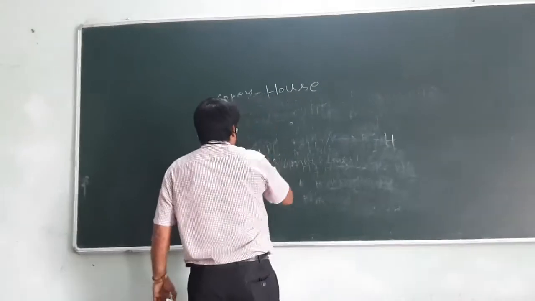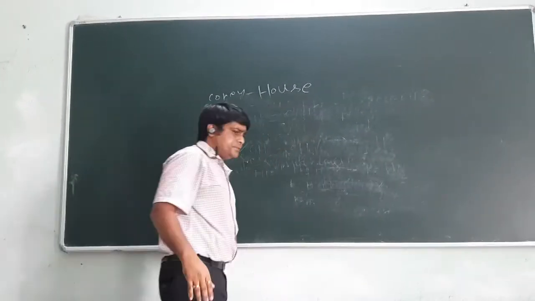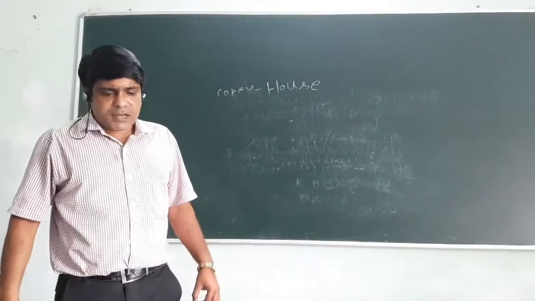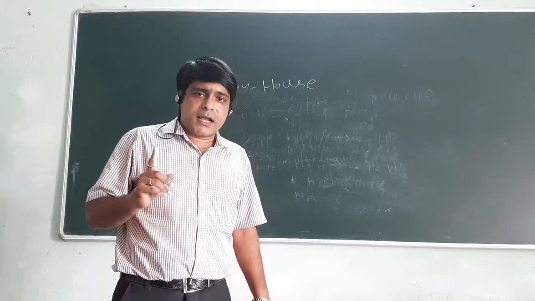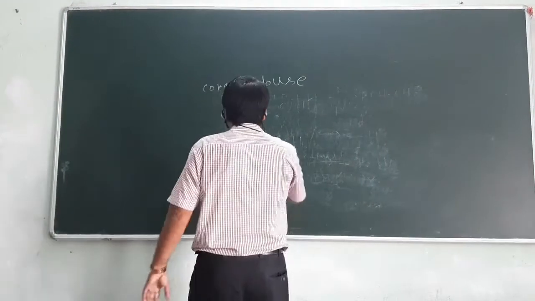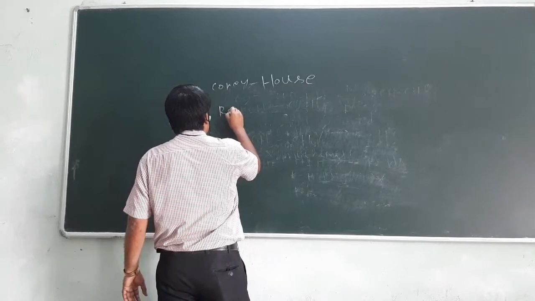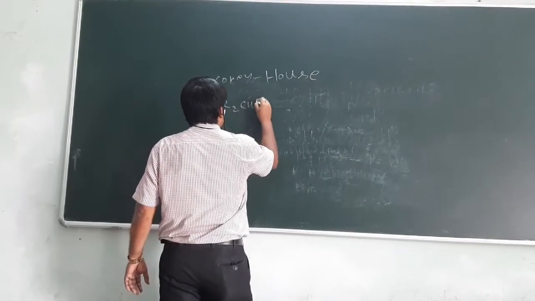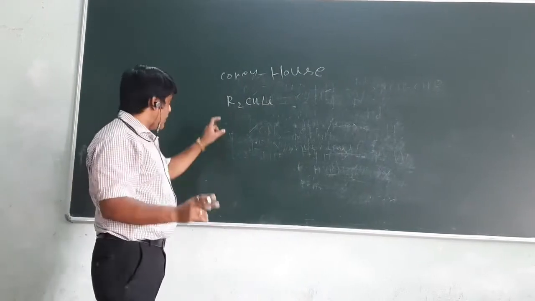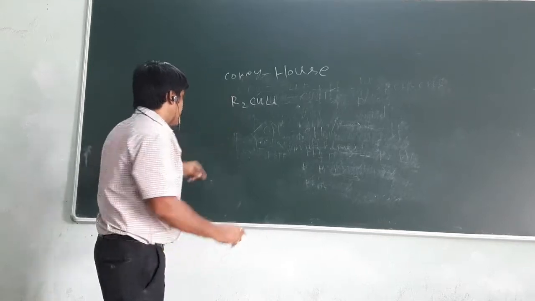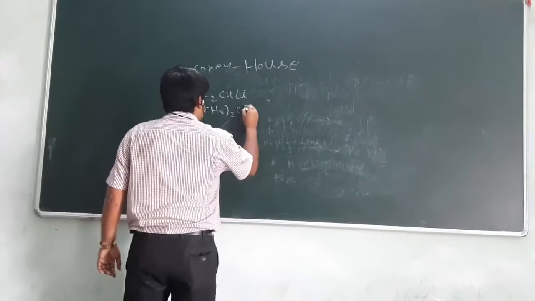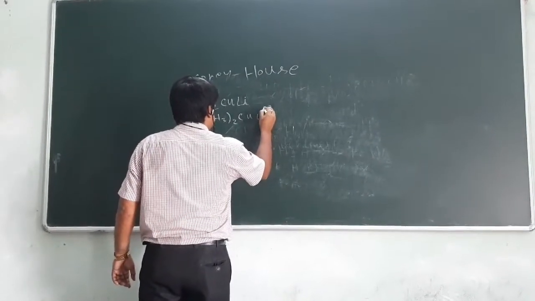So what is basically the Corey-House synthesis method? What happens in the Corey-House synthesis method? See, here a lithium dialkyl cuprate is necessary for this reaction to proceed. R2 means the symbol of the alkyl group, so you can write two alkyl groups here.